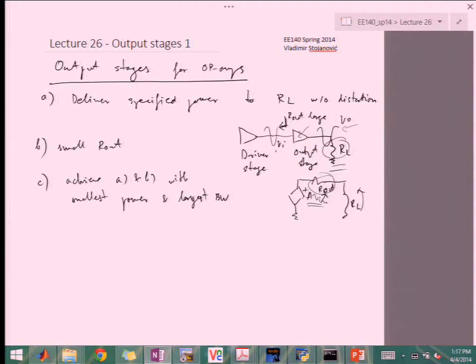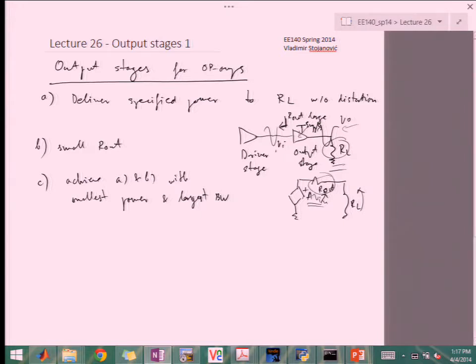You also, we'll see later, are drawing some power from the supply. So you don't want only 1% of that power to be delivered to the load, and your total efficiency be 1% because you're burning 100 times more from the supply than you're delivering. So we're going to go through some topologies that consecutively improve these numbers.